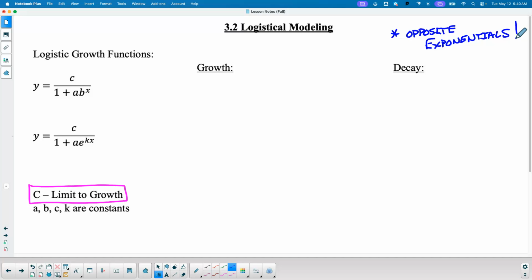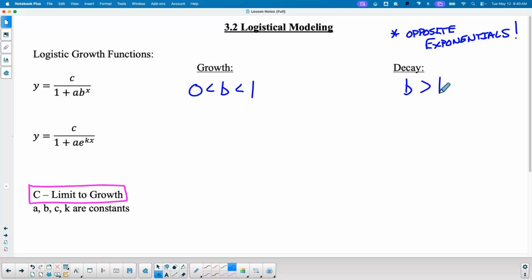A logistical growth has a b value between 0 and 1, which means a logistical decay would have a b value bigger than 1.